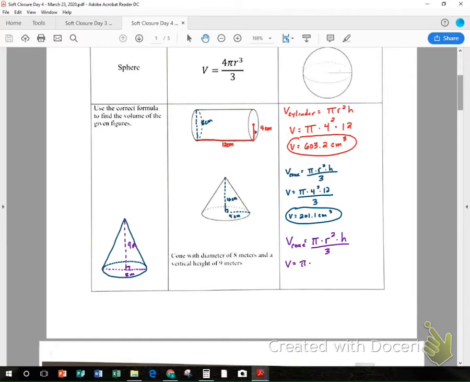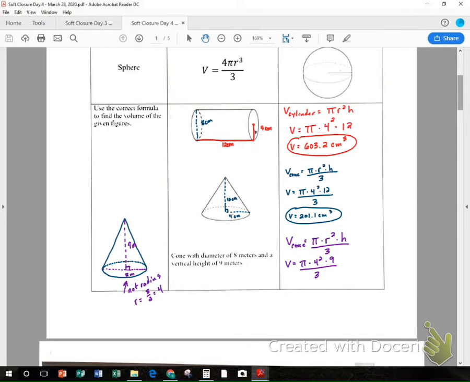The radius here, kids, is not 8. Okay? That's the diameter. We have to cut it in half. The radius then is 8 divided by 2, which is 4. So pi times 4 squared times the height, which is 9. And we have to divide that all by 3.